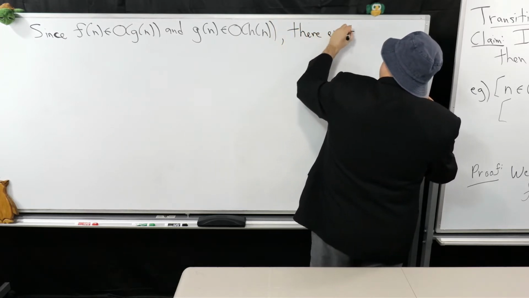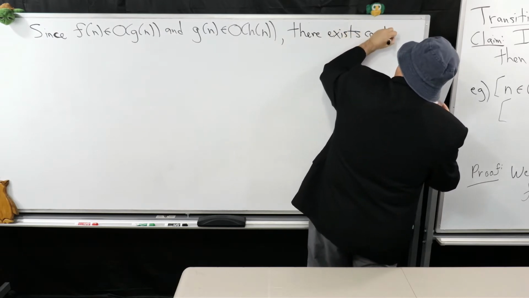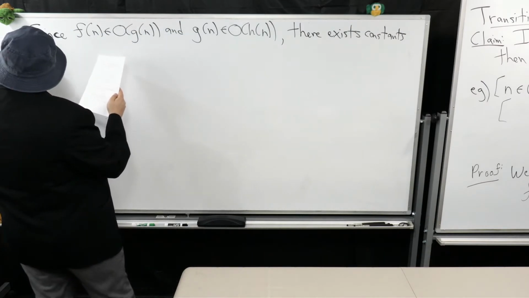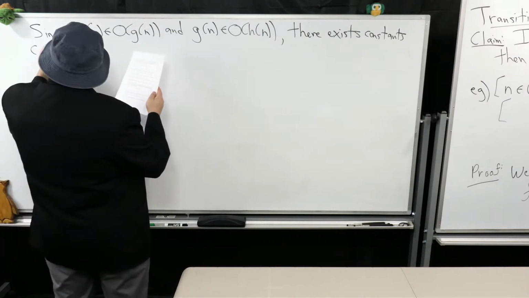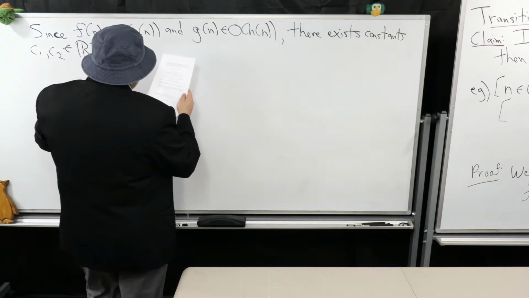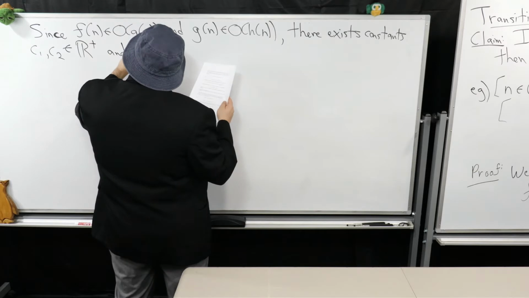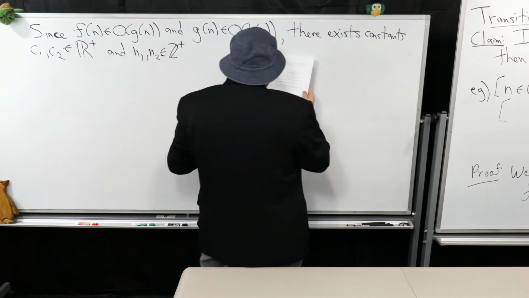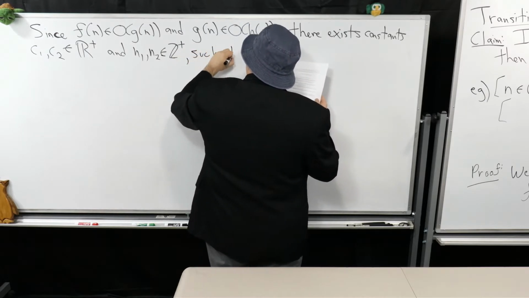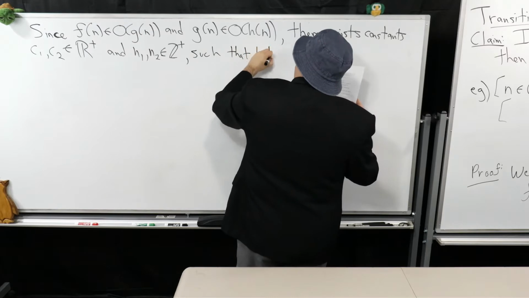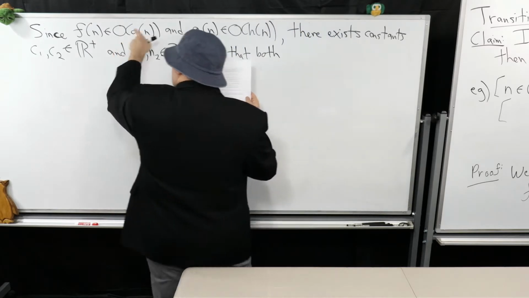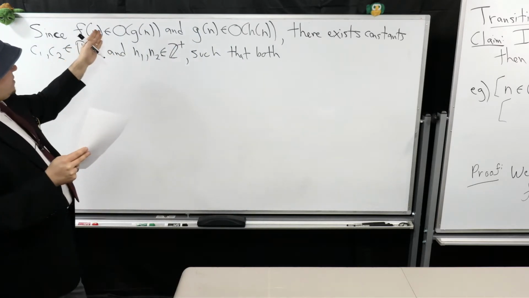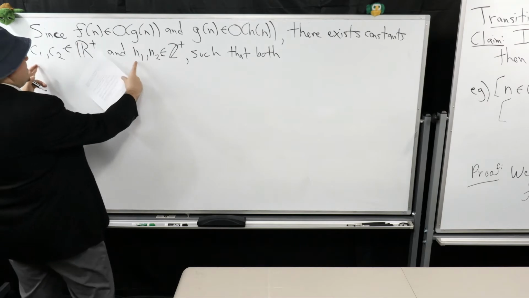There exist constants c1, c2, which are going to be positive real numbers, and n1 and n2, which are positive integers, such that both, and I'm just going to write down what each one of the inequalities would be for each one of these two invocations of the big O definition. Remember, I've used it twice. Once for this one, once for that one. That's what each of these pairs of constants is for.